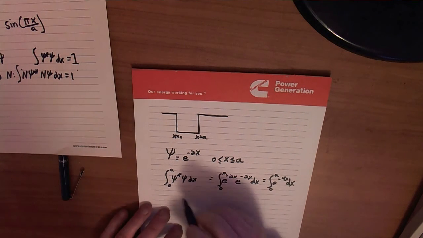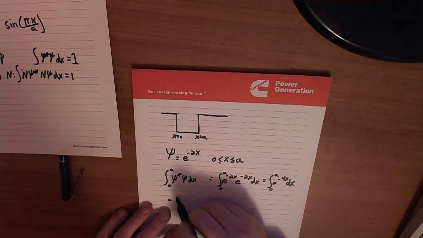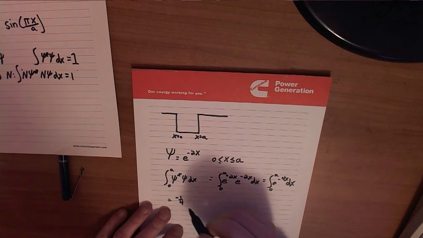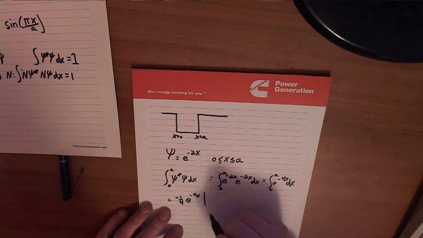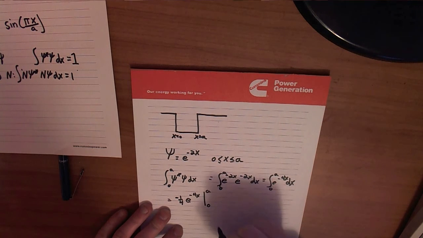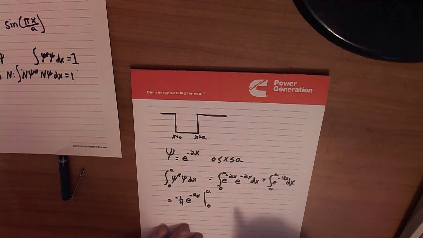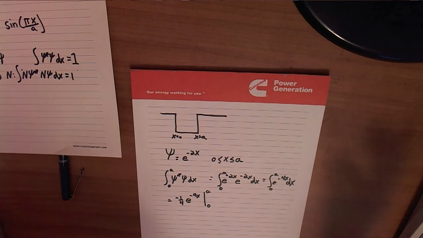This integral is pretty easy to do, right? So we have minus 1/4 e to the minus 4x evaluated at x equals a and x equals 0. Right? That would be the total probability of the particle being in the box.